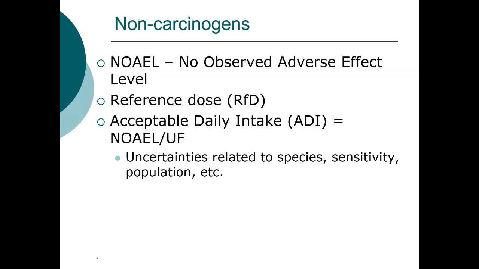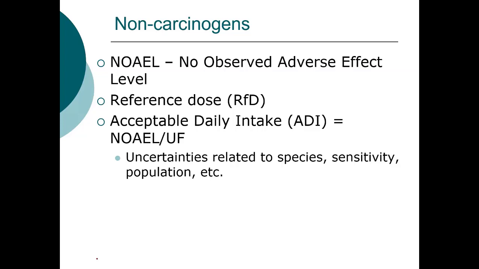So there are a number of things. We're looking at lifetime exposure. We're looking at protecting the sensitive populations. We're looking at no observed adverse or likely not to achieve a deleterious effect, and this is for human populations.